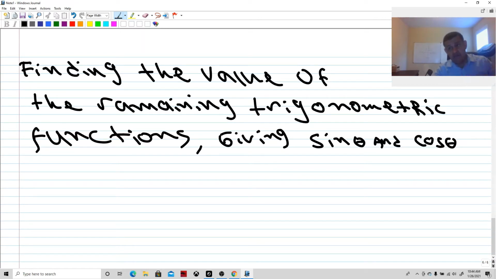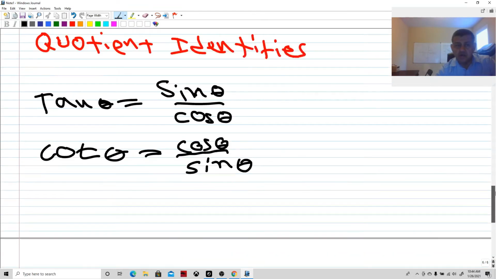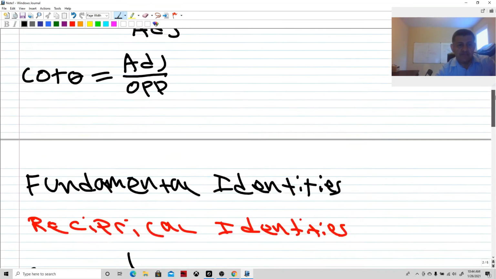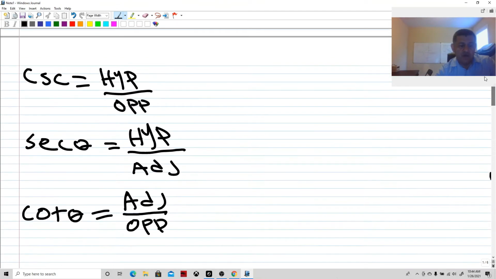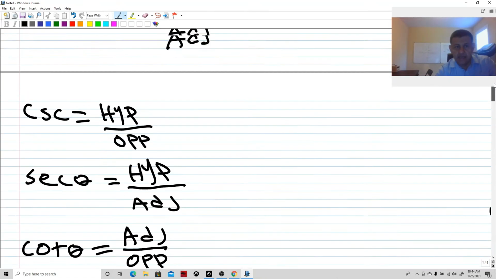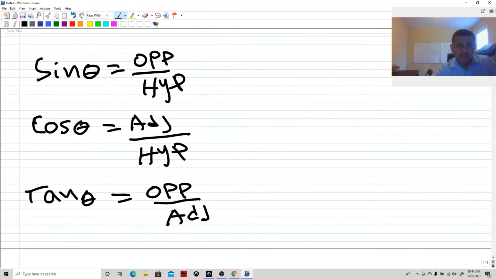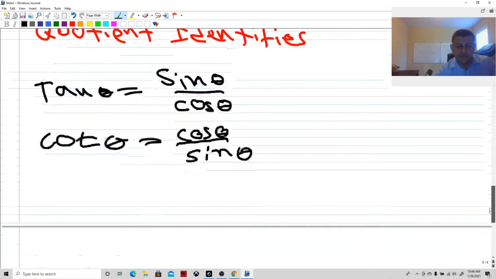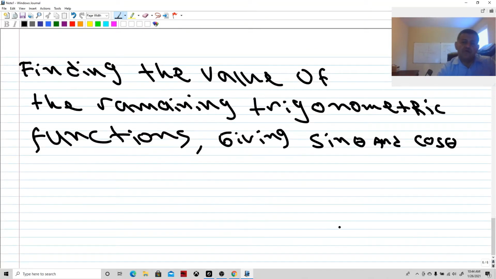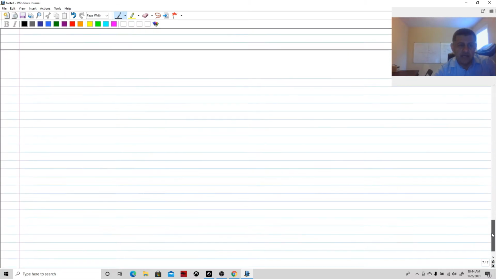And how many do we have altogether? We should have 6 functions: 1, 2, 3, 4, 5, and 6. So let's write the problem and the values they give us.